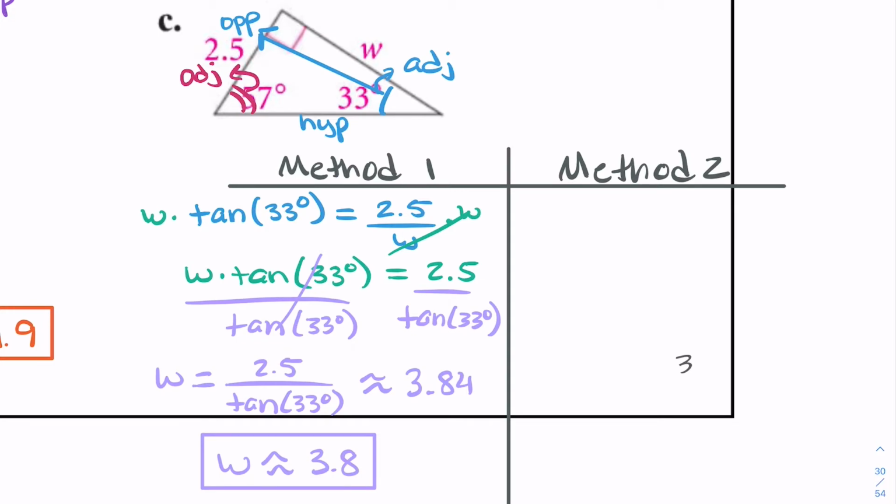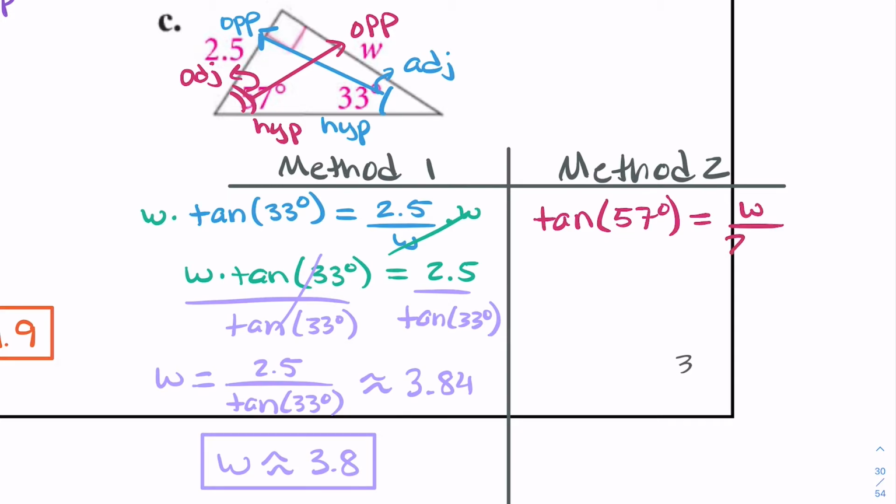And then we have this as the opposite. So the tangent of 57 equals the opposite, W, over the adjacent 2.5. This one's much easier.